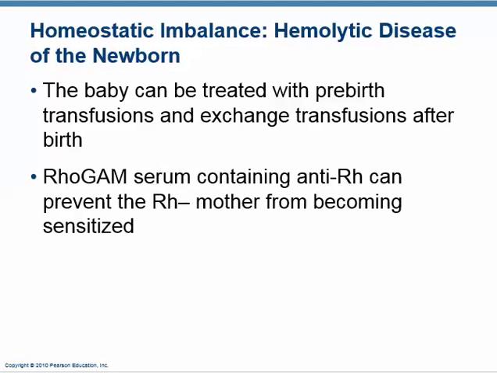They do transfusions at birth. A lot of times these can go full term, and there's not a huge reaction until labor, and then that's when the bloods mix and it becomes really bad. So they give people RhoGAM, and it stops mothers from becoming sensitized.